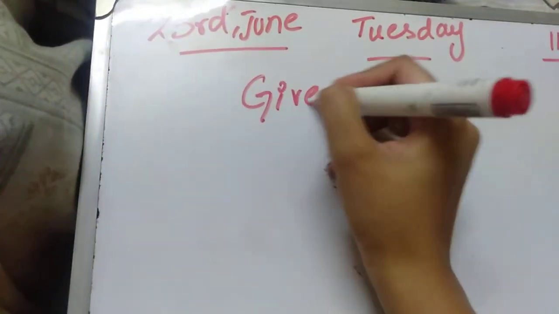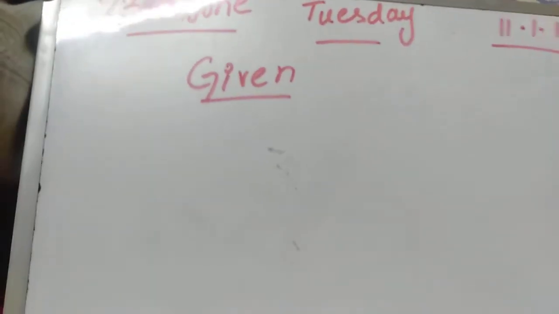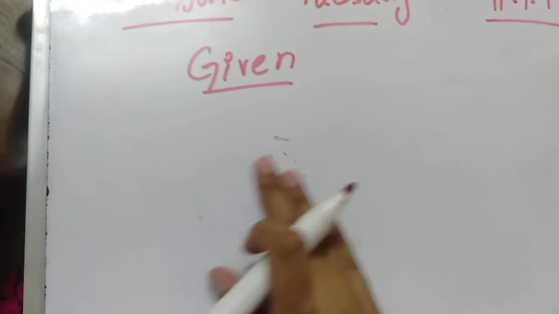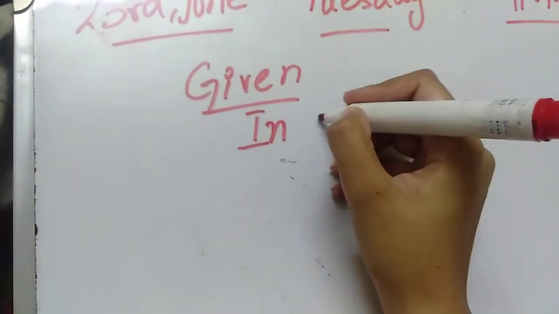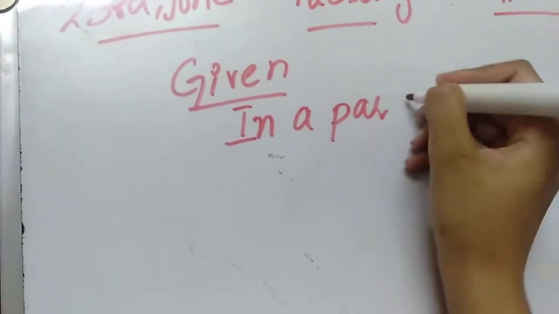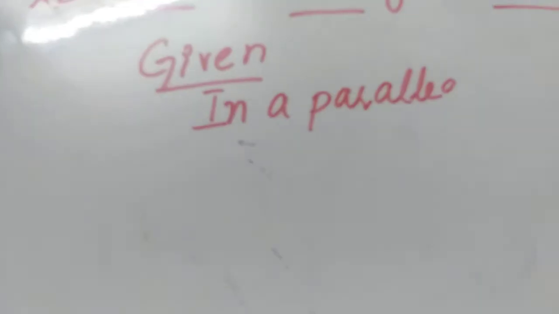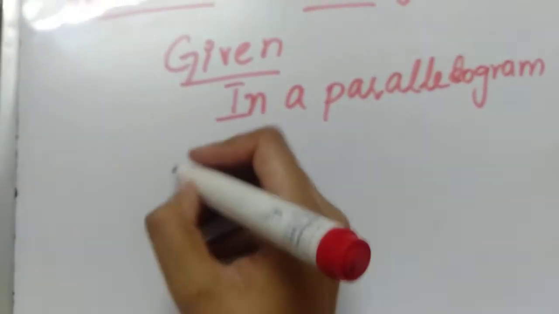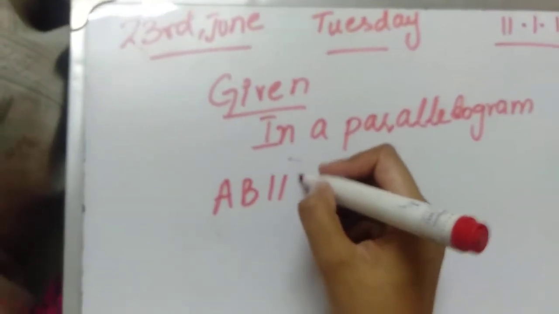Now let's talk about the given statement. As I have told you that in the given statement it is given that we have a parallelogram. So in a parallelogram, AB side is parallel to DC side.